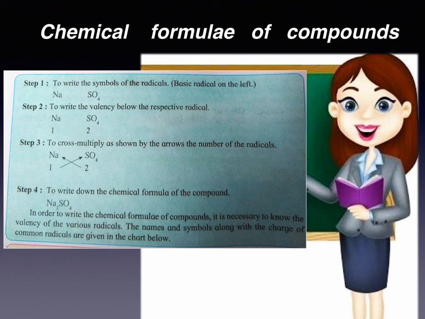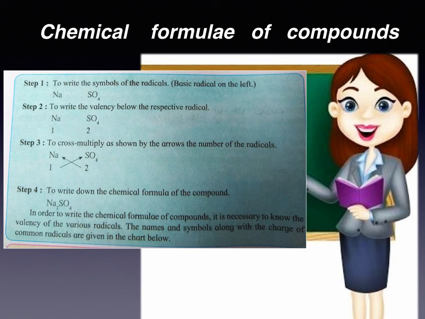Now for example, we shall write the chemical formula of a compound such as sodium sulfate. Here the first step is you write the symbol of the cation, the basic radical, on the left hand side, and the anion, the acidic radical, on the right hand side.